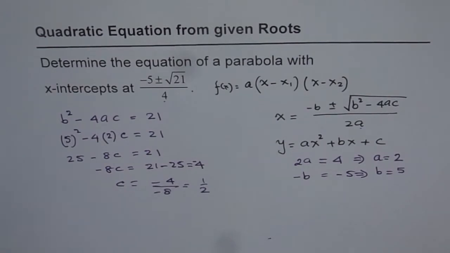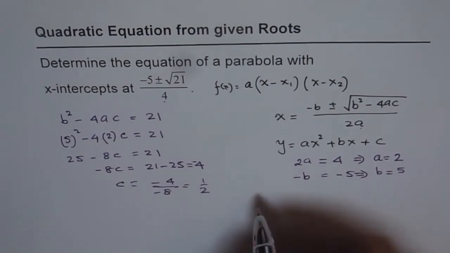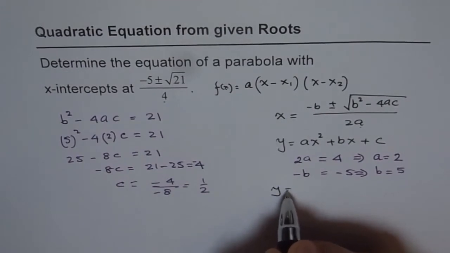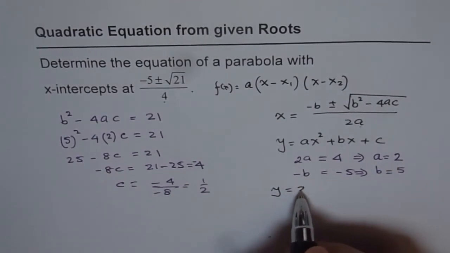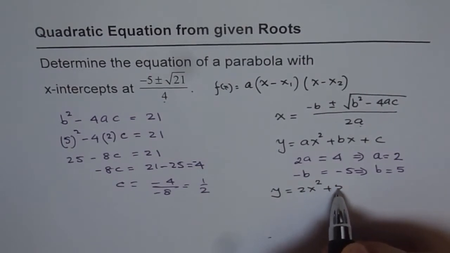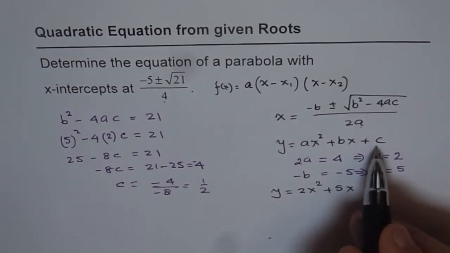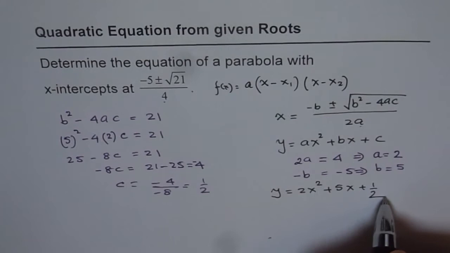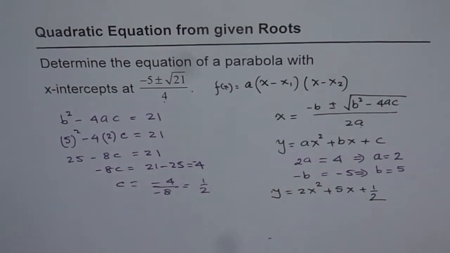Now once we have all these values, we can substitute these values in the equation and get our answer. So the answer is y = 2x² + 5x + 1/2. Do you see that? So that is how we can find the solution of such problems, correct?